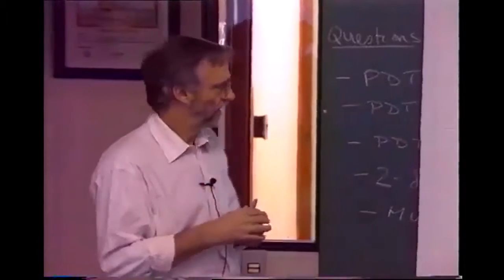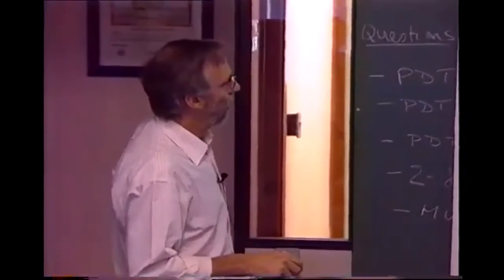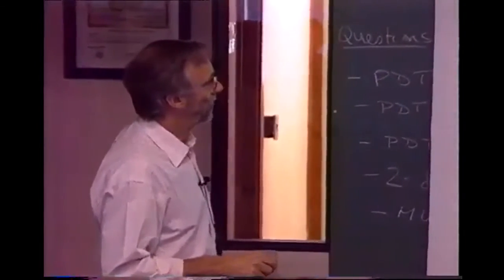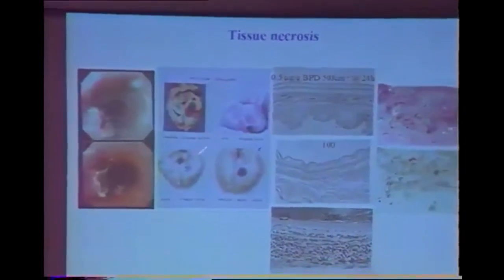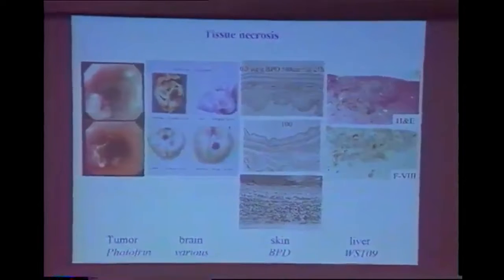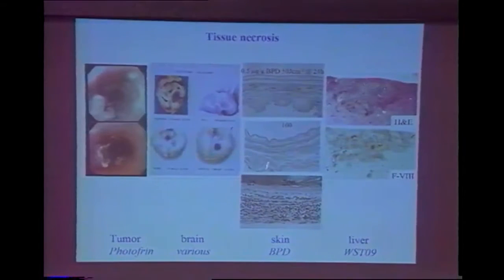This is called a toilet bronchoscopy. Here is normal brain tissue treated with various photosensitizers, and again you can cause these regions of necrosis. Here's skin treated with BPD, benzoporphyrin derivative, and again you see the different light doses. This is 50 joules per square centimeter under 200.